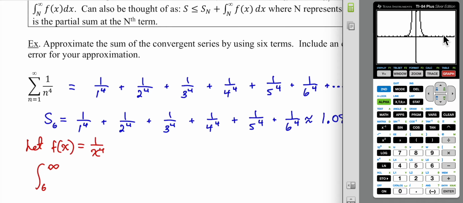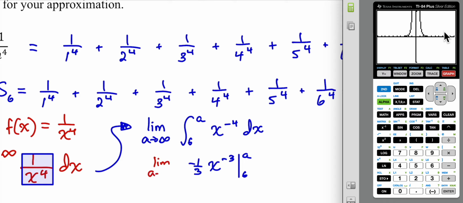Can't always count on something being that nice, but it's very nice in this instance. All right, so I'm going to increase my exponent by 1, divide by the new exponent, going from 6 to a, so it's still limit as a approaches infinity.